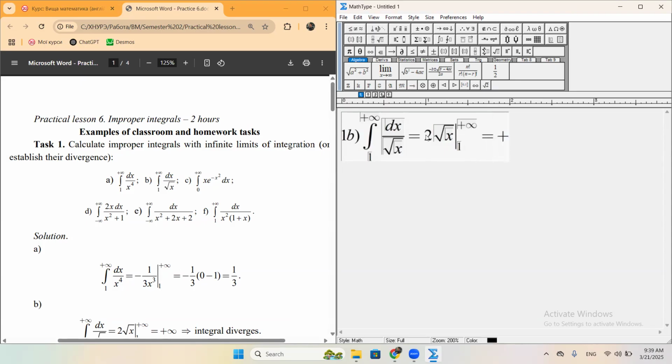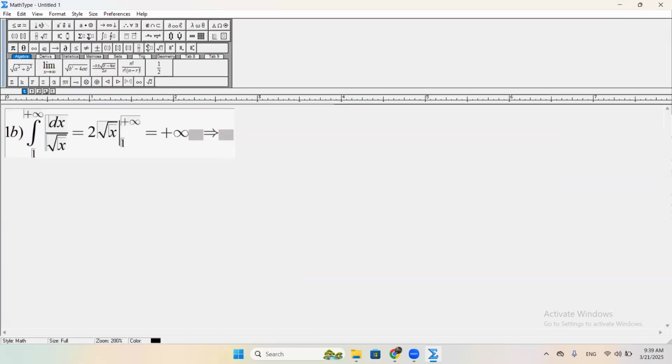Because if we substitute plus infinity minus 1, it will be equal to plus infinity. And we have to conclude that the integral diverges, because it's infinite. Any questions about this exercise?